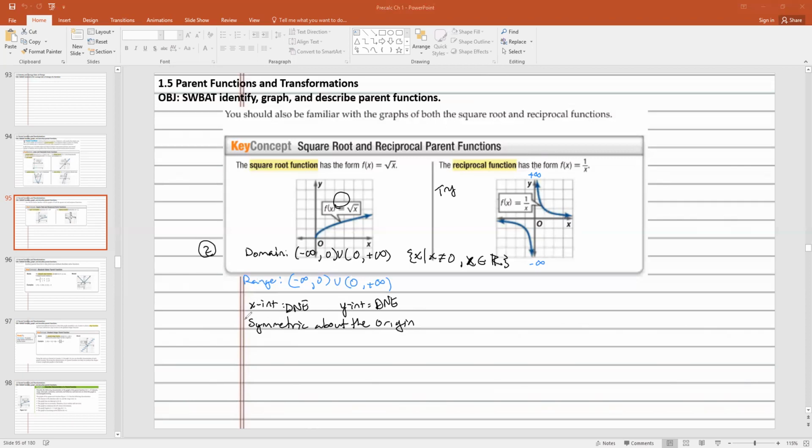And then the next thing is continuity. So, is it continuous everywhere? It doesn't stop, but it keeps going, and then it continues over here. So notice that there's a discontinuity at x equals 0.